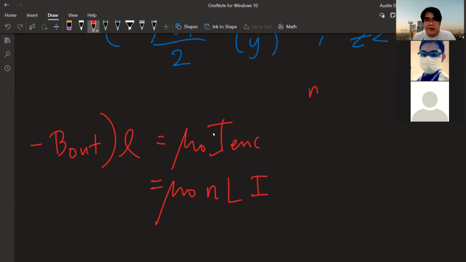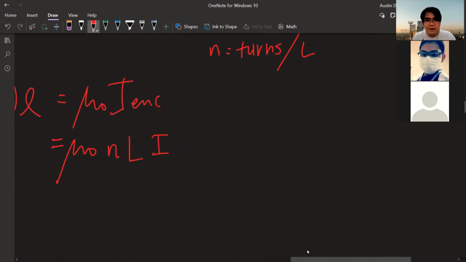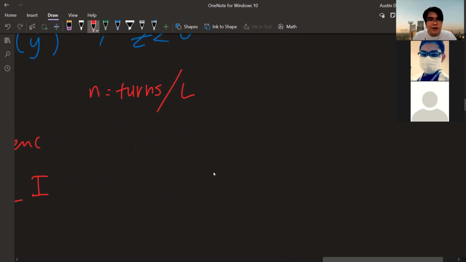N is turns per L. Tapos, multiplyan mo ng L. Okay, so if I multiply this by yung NL mo would be, mali pala connotation, curly L pala yung ginawa ko. Okay, so curly L. NL would be the number of turns. Okay?